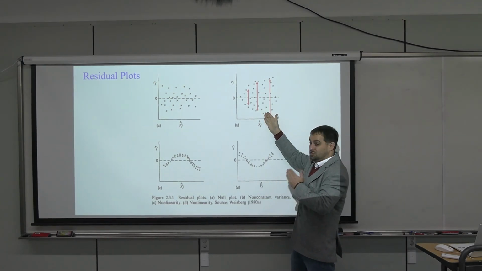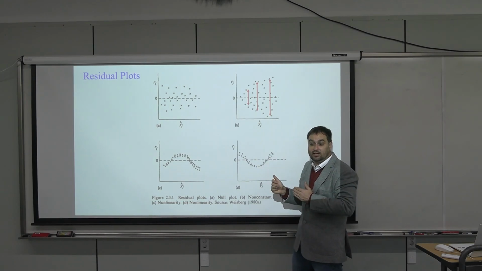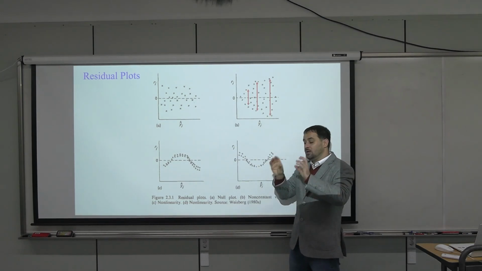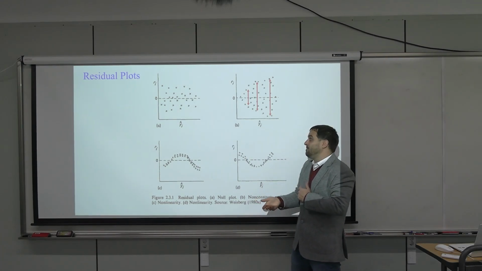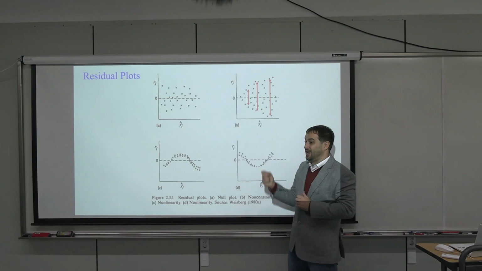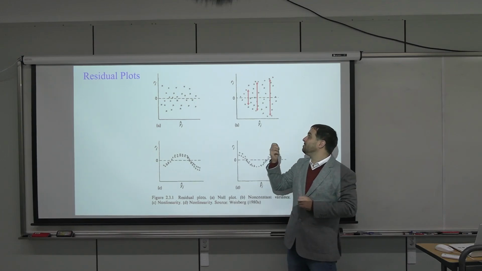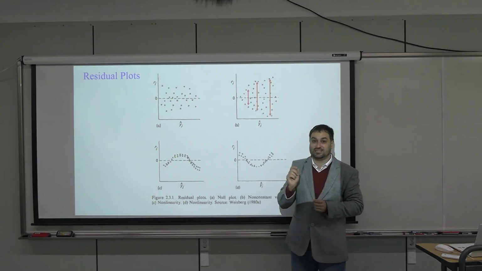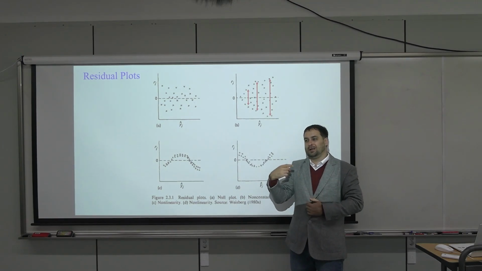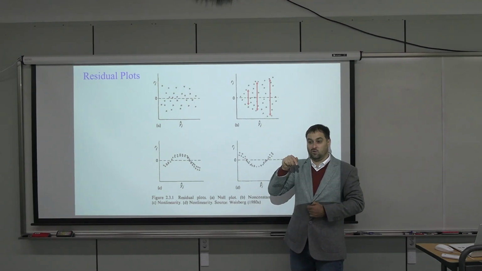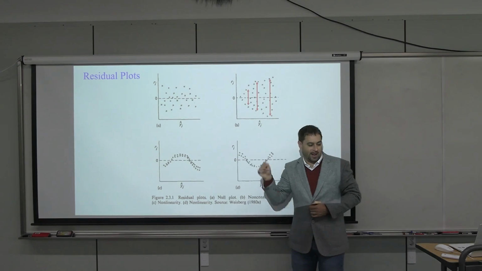But there appears to be non-constant variance in your data, and this residual analysis gives you graphically, you can sometimes see that there is non-constant variance. So you're not learning about the underlying functional form, you're learning about the random noise.